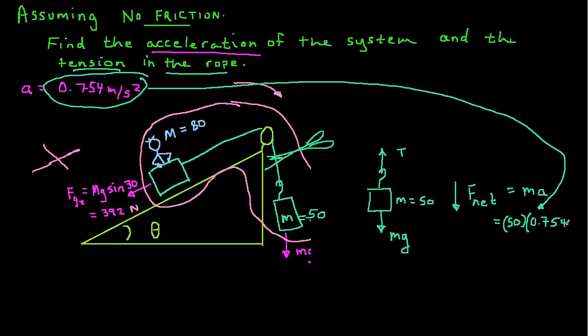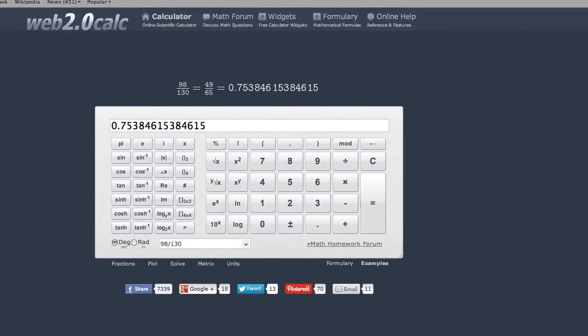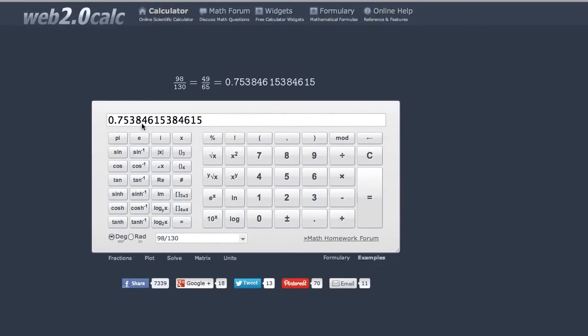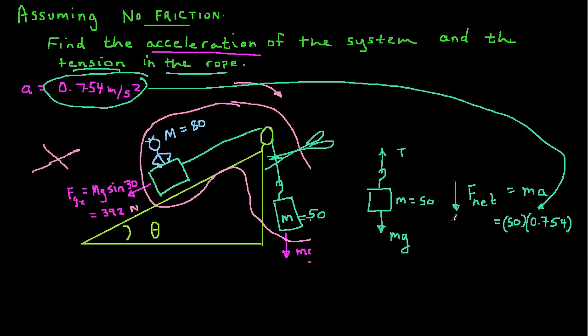So 50 times that. So bring up my calculator. I still have a little more precision here too. So we're going to go, that's the acceleration times 50. And that comes out to be, let's call it 37.7. Okay, great. So this is equal to 37.7 newtons.